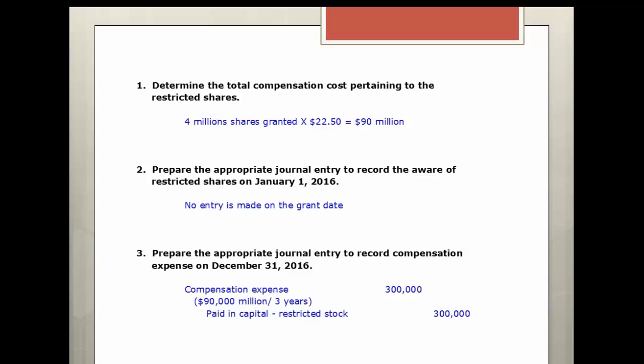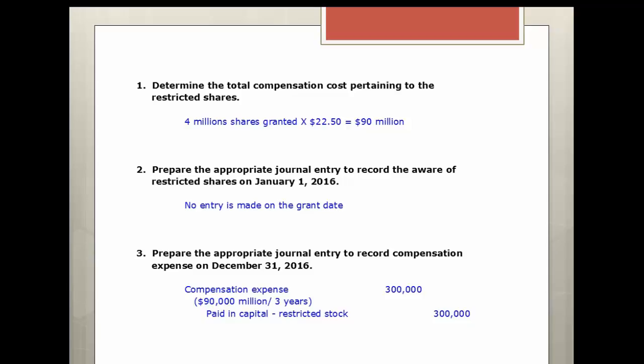Therefore, this is a $90 million grant. When we actually issue this grant, we have no journal entry on January 1st, 2016. And again, keep in mind that this is a 3-year program. So a 3-year program is $90 million.